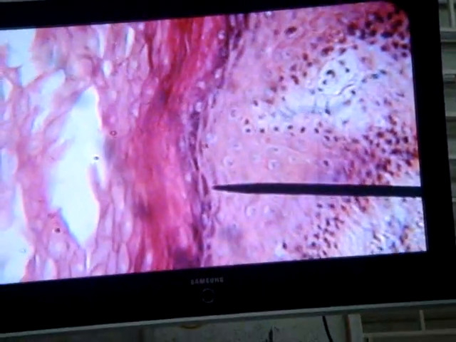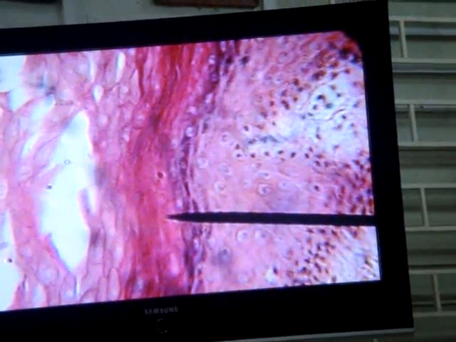See? That's the stratum lucidum, just above the granulosum.